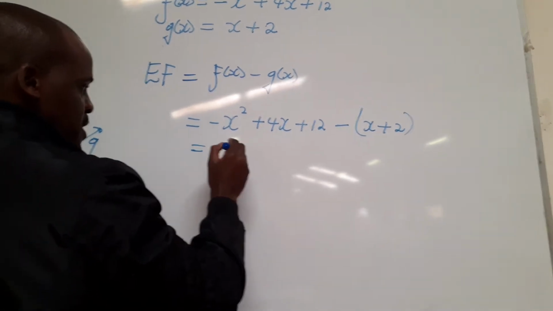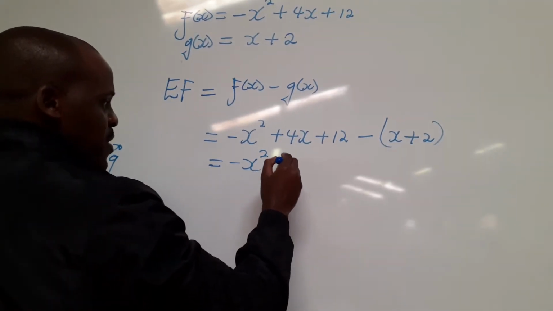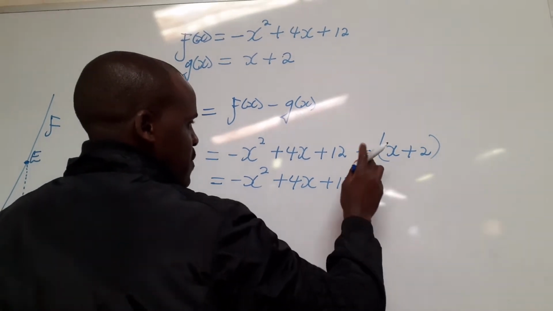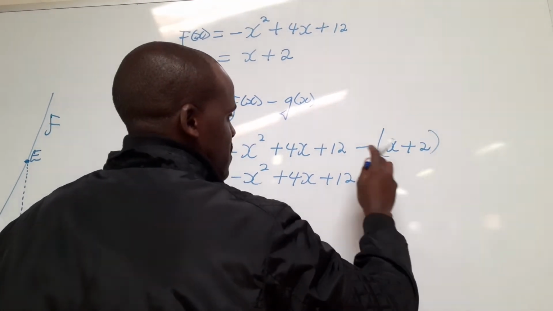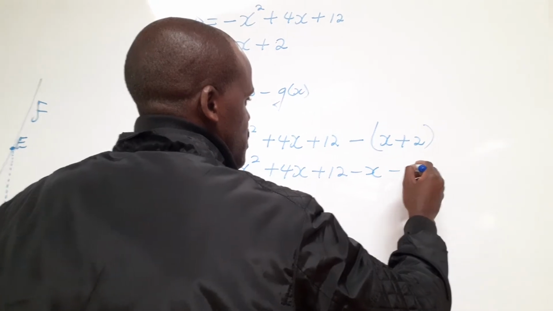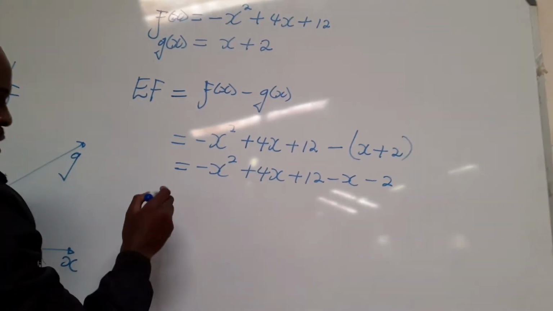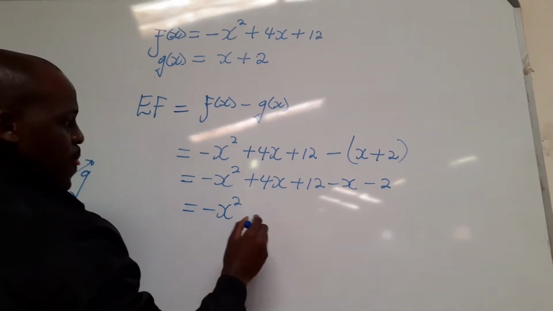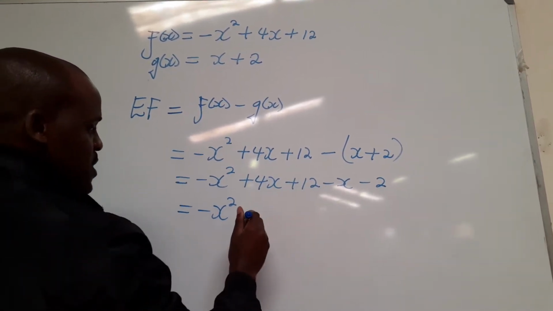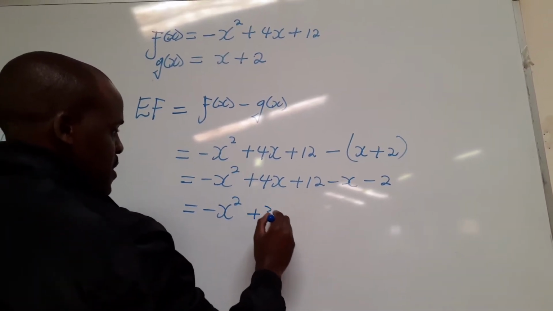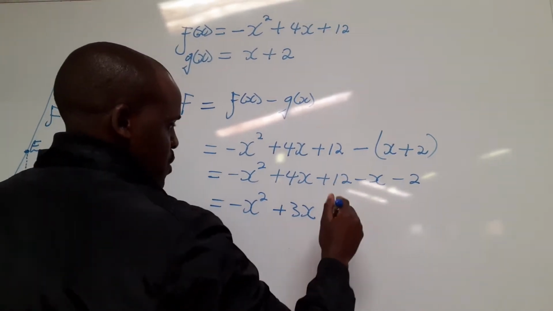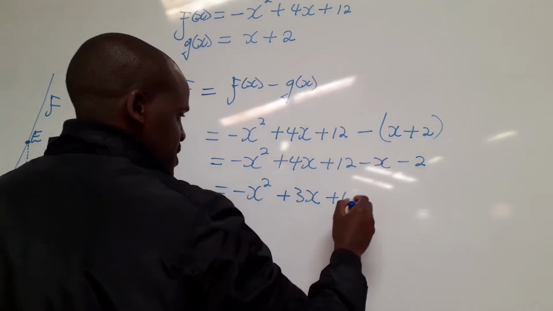We solve the brackets. It's minus x squared plus 4x plus 12, minus x, minus 2. Like terms: 4x minus x, that will be 3x. 12 minus 2, that is 10.